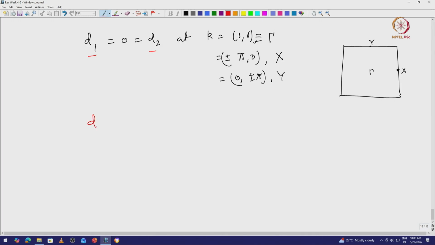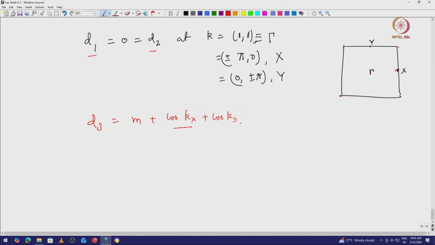So, it is the d3 then. This takes values from minus 1 to plus 1, it takes value minus 1 or plus 1 along all the high symmetry points, but we need the maximum and minimum value it takes.